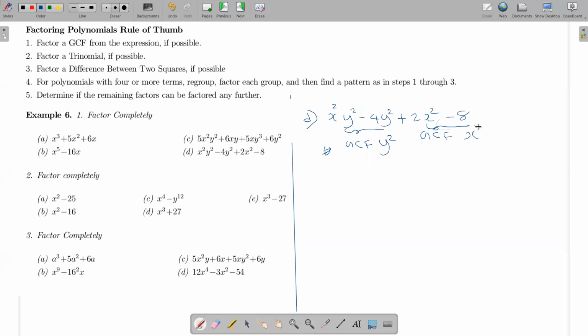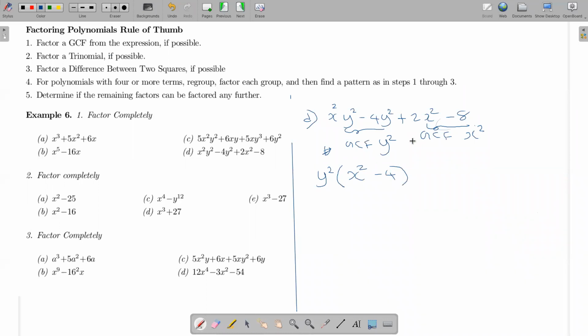I pull the y squared out. Here I'm left with the x squared minus 4.